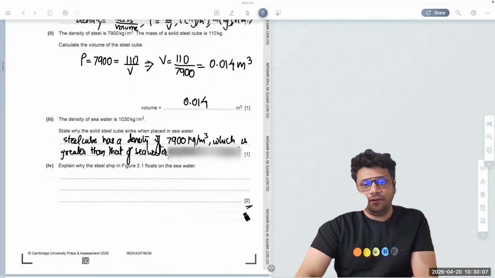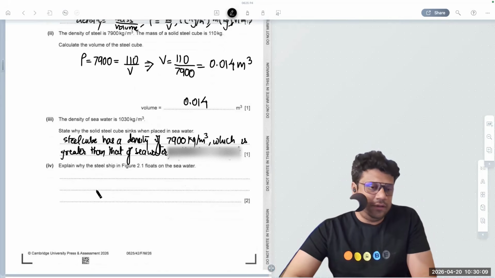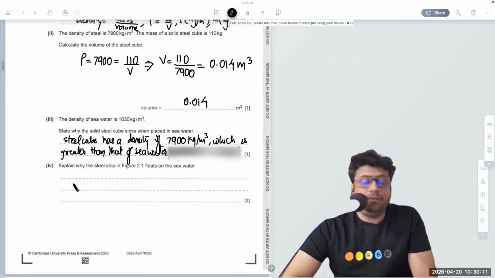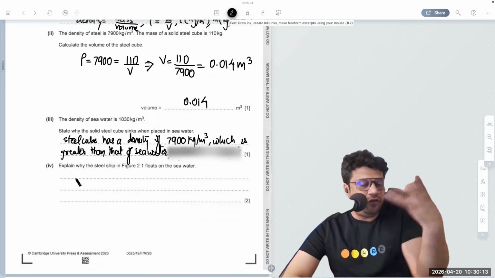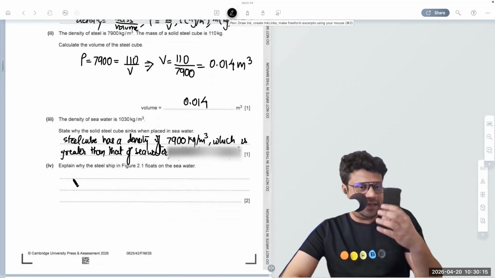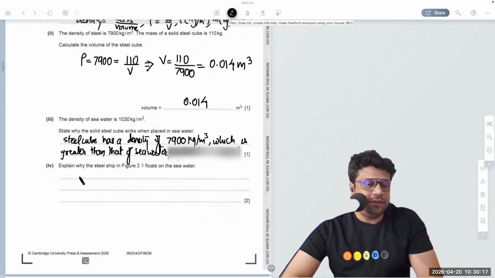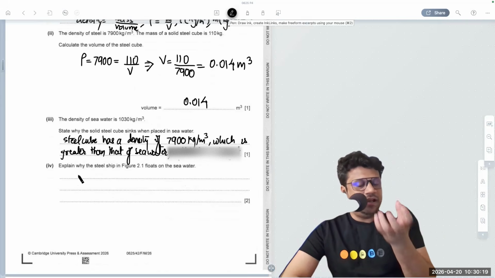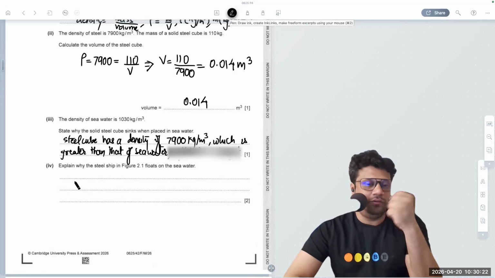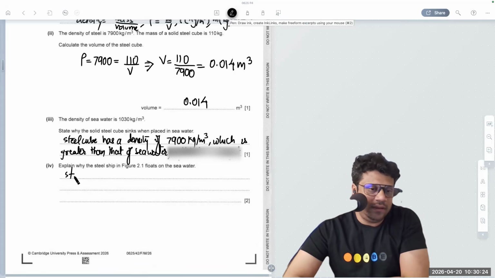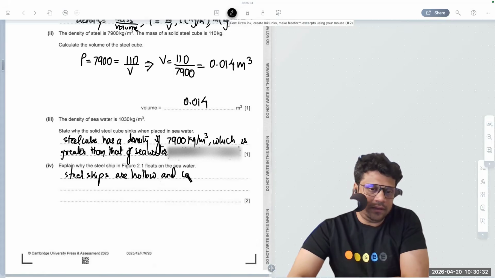So the idea is for you to know that and be able to explain that the overall density of a steel ship is lesser than that of seawater because steel ships are hollow inside. So steel ships are hollow and contain air.